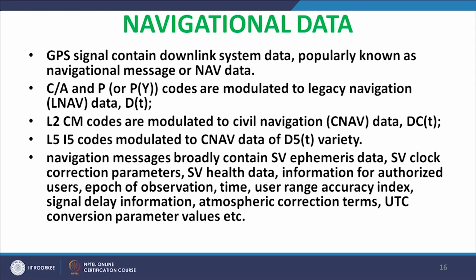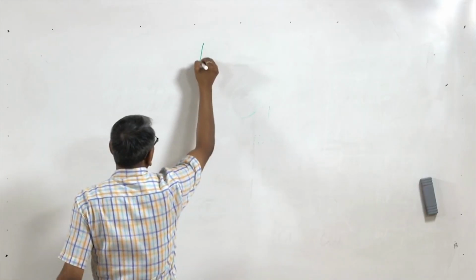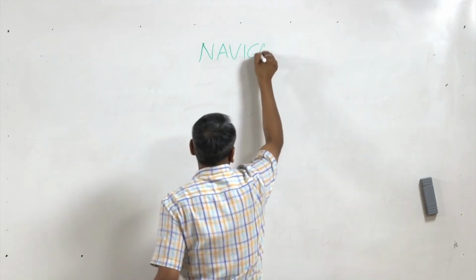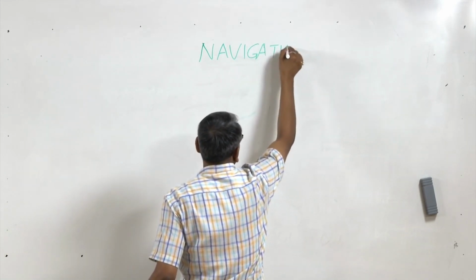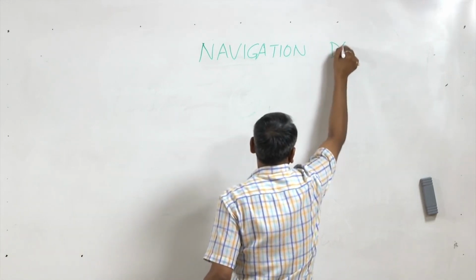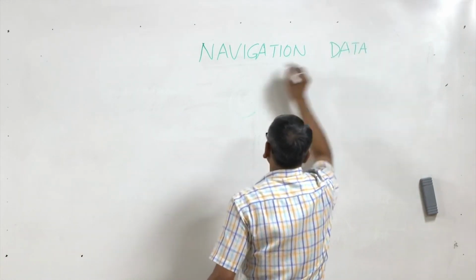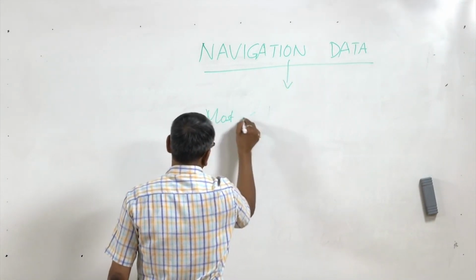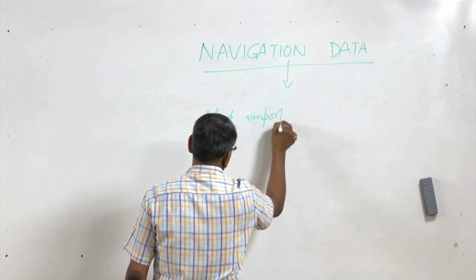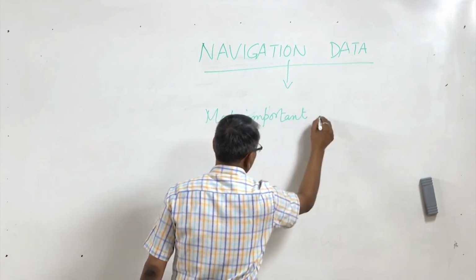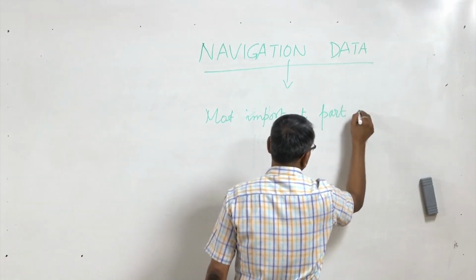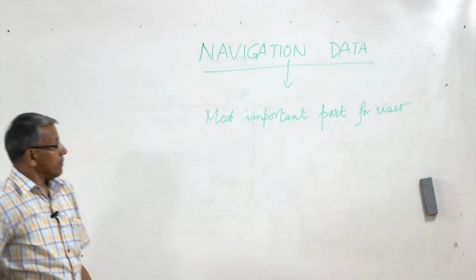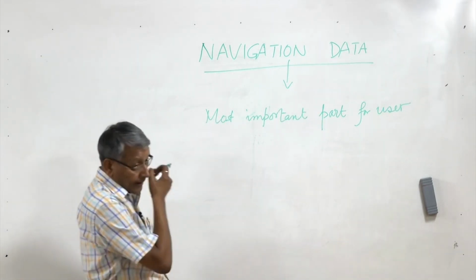Actually navigational data is the most important information, the most important part for the user, because the user looks for navigational data.